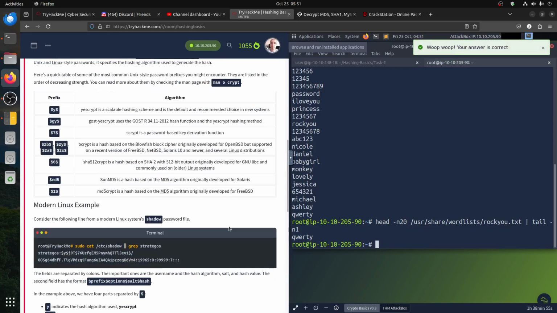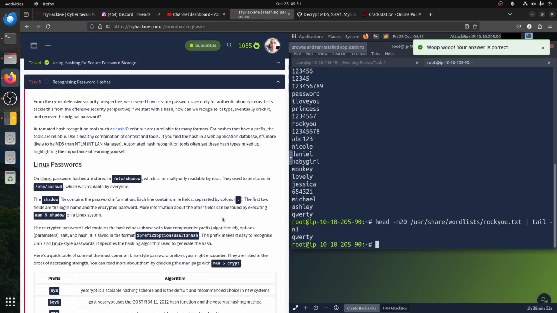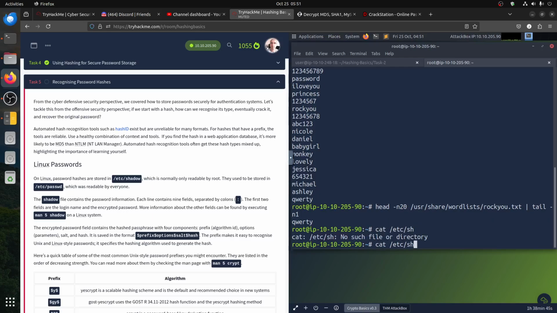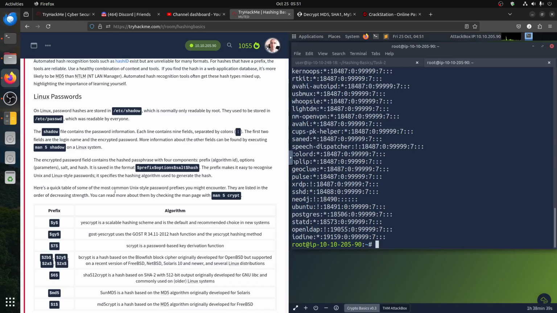And then what's this? This one we're going back to Linux now. Linux passwords are in the shadow file. This one everybody knows. If you look at /etc/shadow, they don't show here. The encrypted password field contains the hashes in a passphrase with a component prefix, the algorithm ID.